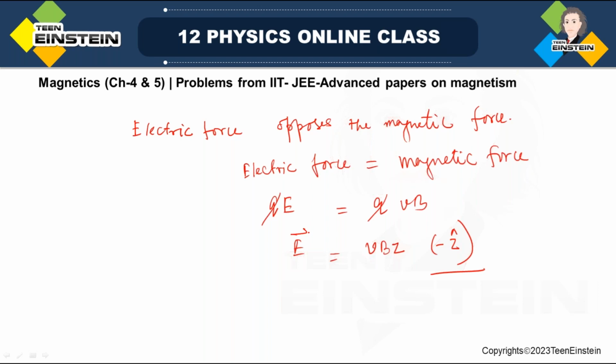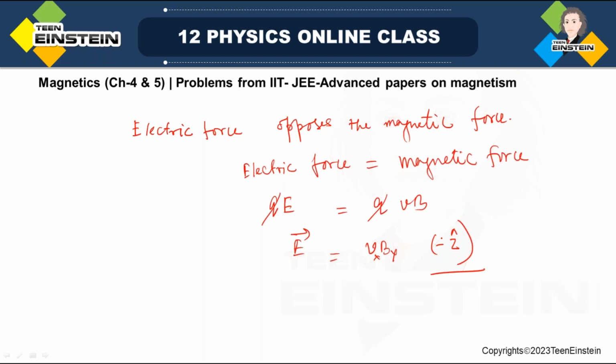Okay, along negative z direction. So E is equal to VB. So V is along x direction, we can say Vx, By, and this is z direction. So this was the fact.